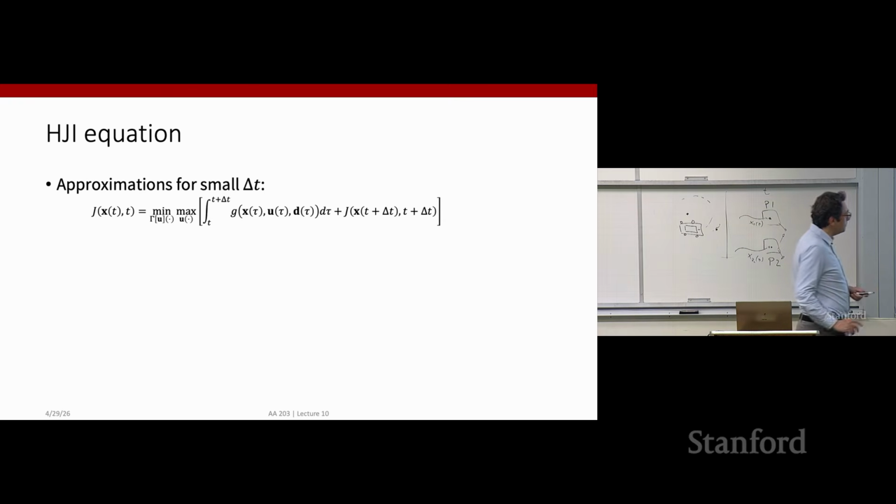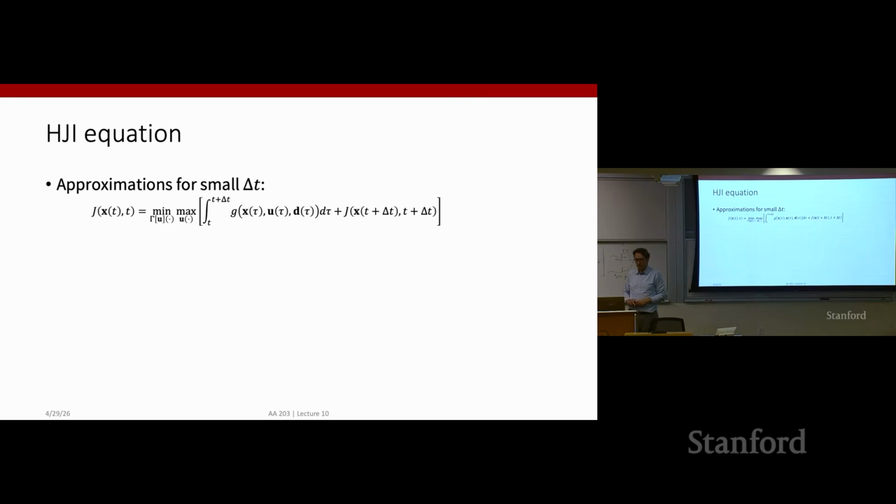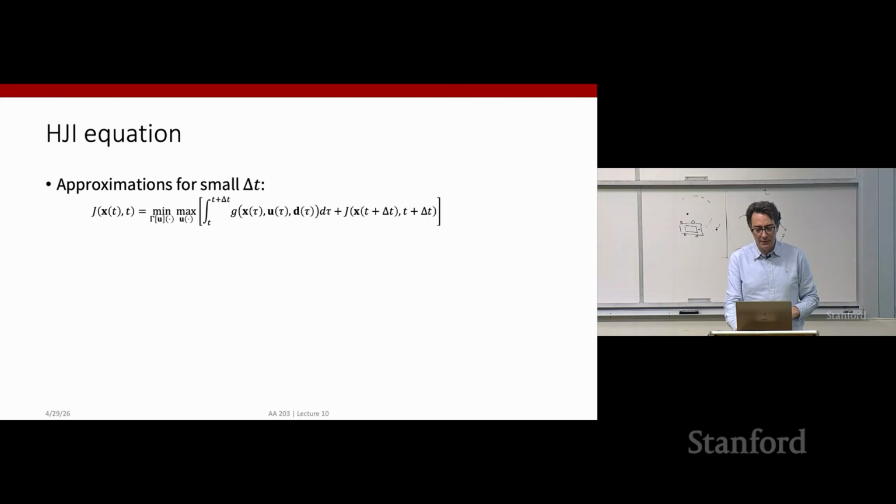So view delta t as a small time increment. By the way, this stuff mathematically is very complicated. If you were to do it super cleanly, it would be a bit complicated. Here I'm just giving you the main intuition. This is probably one of the most complex concepts in optimal control.